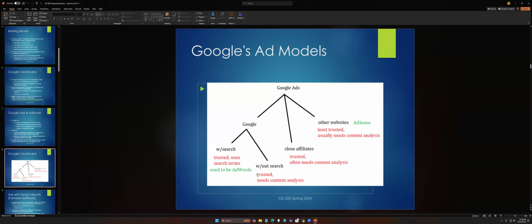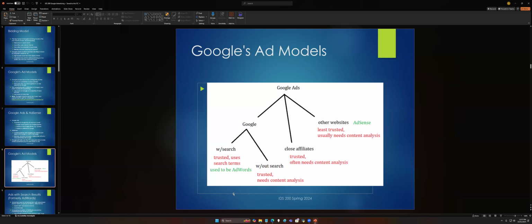On the other hand, there are some aspects of Google that are shown without search. Because it's under Google, it's still going to be trusted, but it's murkier because it needs some kind of content analysis. It's always going to be harder to match exactly what people are looking for in terms of purchases, because if it's not a search through Google that Google knows is highly correlated with purchasing, it's kind of up in the air what, if anything, people are looking to buy.